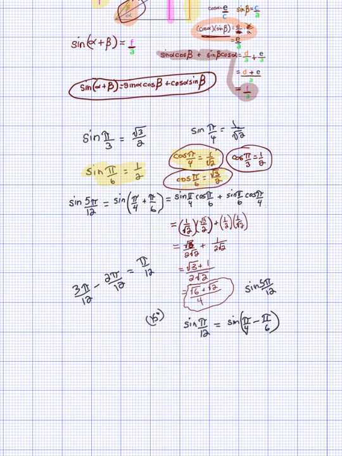And so this is actually the same as saying sine of pi by 4 plus negative pi by 6.